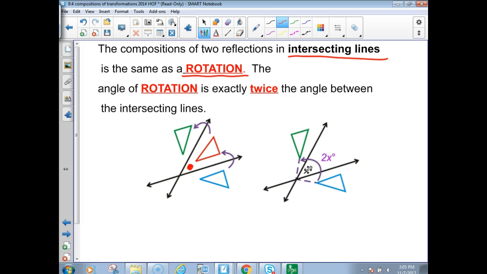So right here, the whole angle is twice the angle between the lines. That's what that's showing. So all you have to remember is that they're both double the distance between the lines, whether it's an angle or a measurement. Okay?